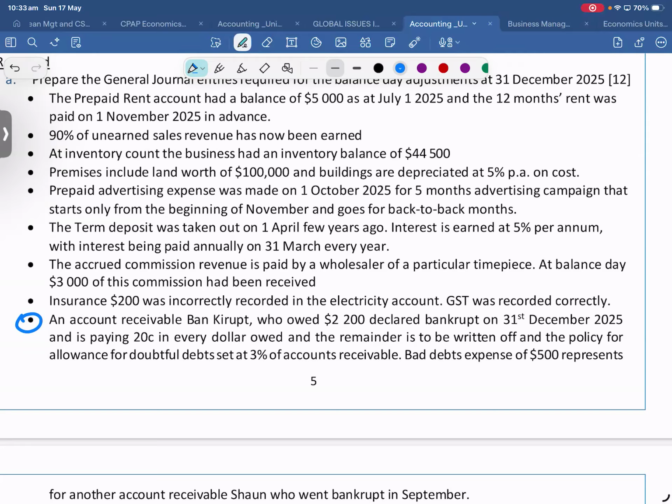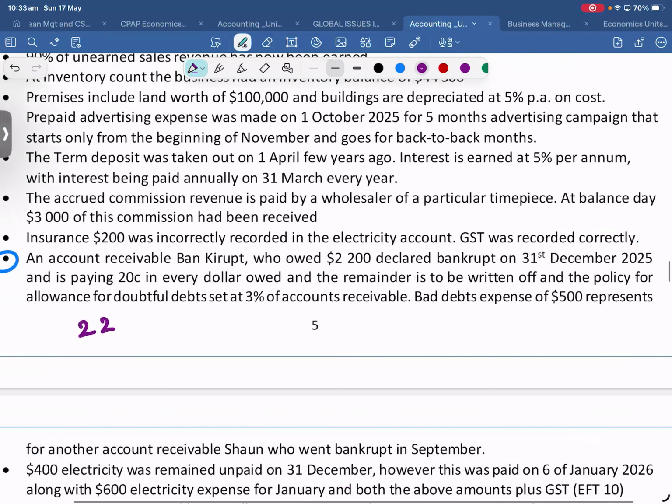Okay. So what's the double entry, guys? Or has everyone forgotten? Okay. So this is the story. Now, if you want, you can write the workings somewhere. Right. So this man, Bankirap, owes 2200.